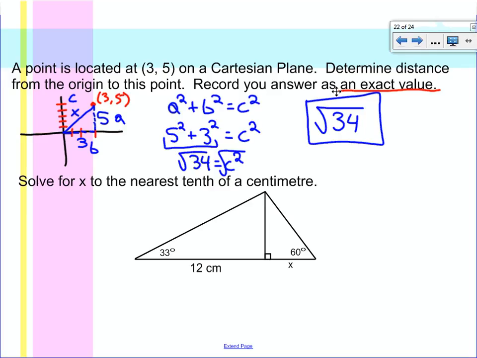All right, down below, solve for x to the nearest tenth of a centimeter. Questions like this, I will call them double triangle questions because there's more than one right triangle. I'm going to highlight one of the right triangles in red. I'm going to highlight the other right triangle in blue.